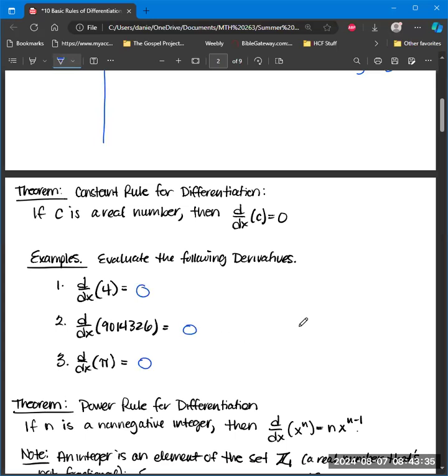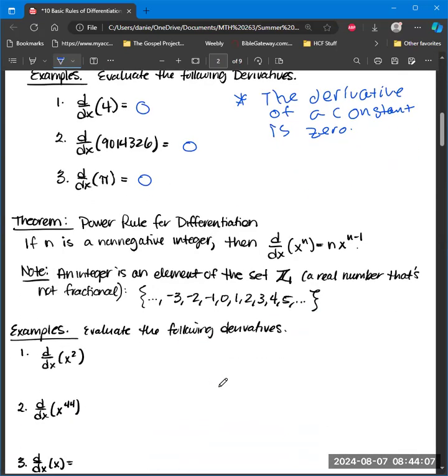Their derivative is going to be 0. And it doesn't matter what variable you're taking the derivative with respect to. When you see a constant, it doesn't have to be the derivative with respect to x. It could be the derivative with respect to any other variable in the problem. We'll start seeing that later.